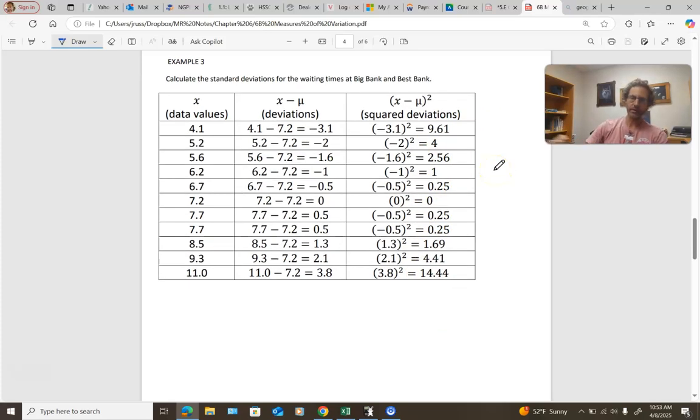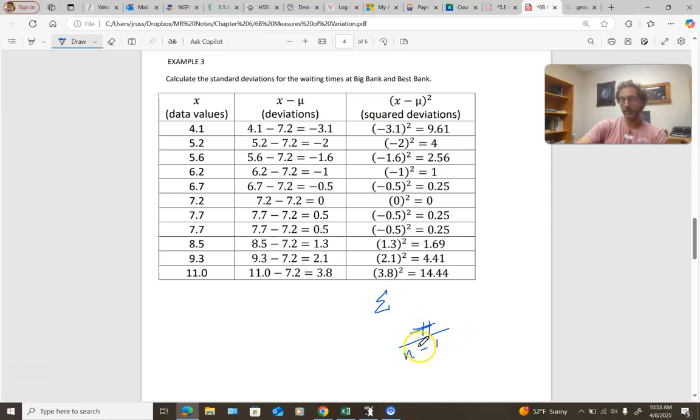Okay, and then what you would do is add up all of this column right here, all of these squared deviations. You would add all those up, and then you'd get a number. And you would divide that number by n minus 1. N refers to the sample size. So here I think we've got 10 values, so it would be 10 minus 1.